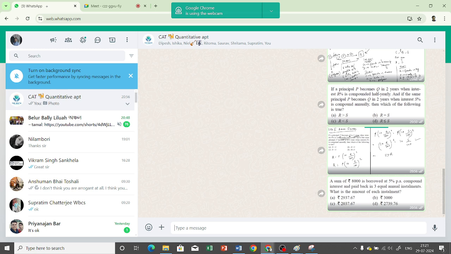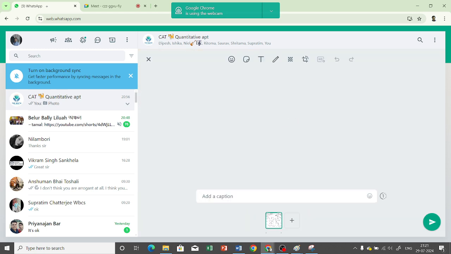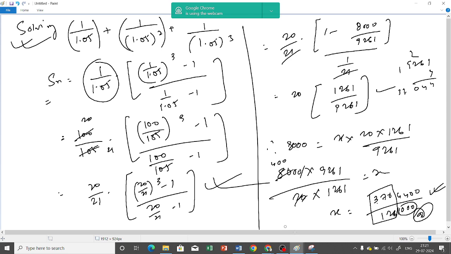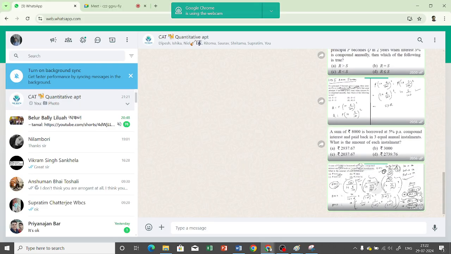Yes, sir. Okay, now I will write down a formula for Supratim. Supratim wanted a formula, but this formula is difficult to remember. That is why I don't refer to it.